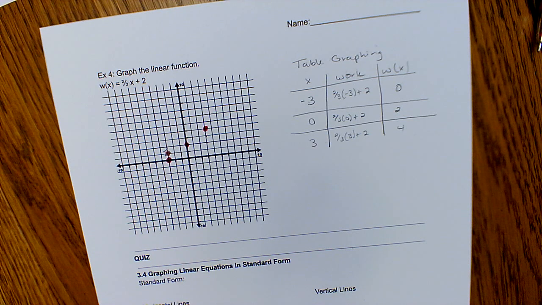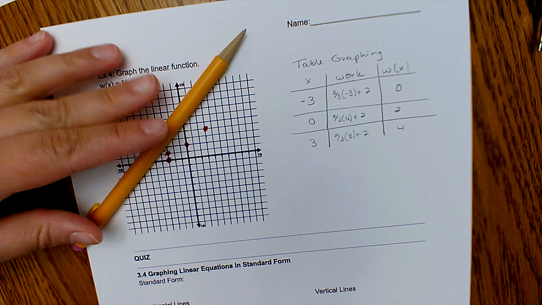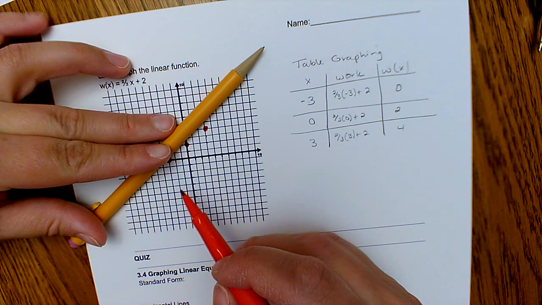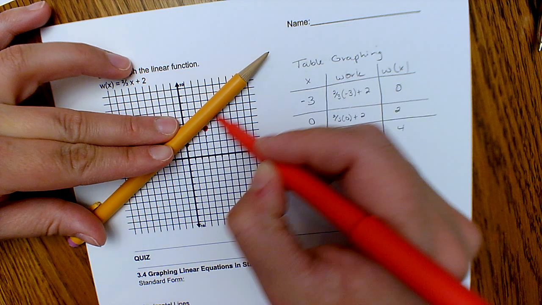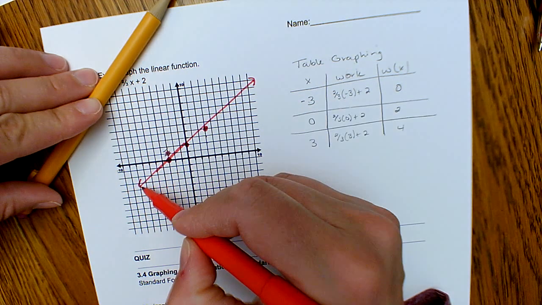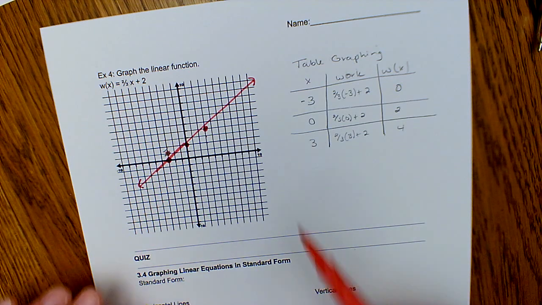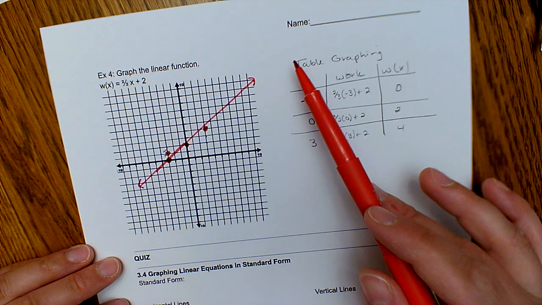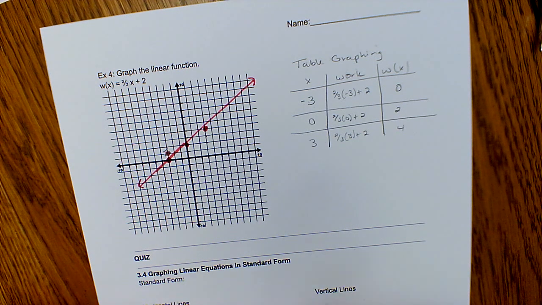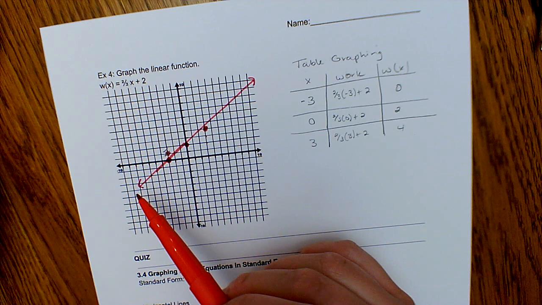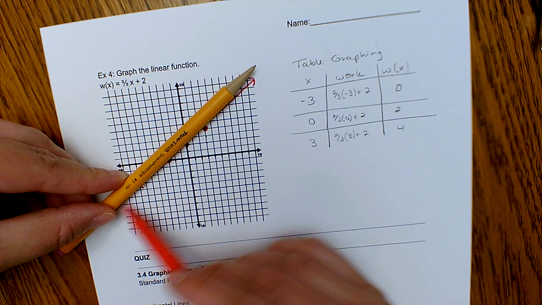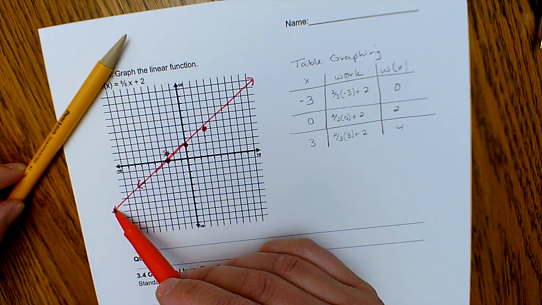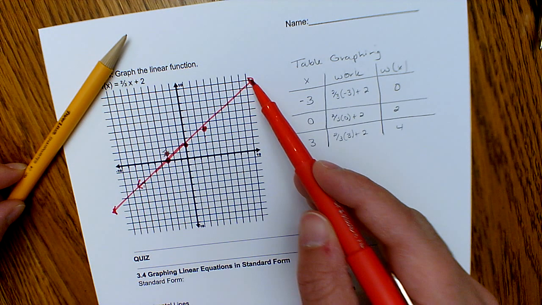Now I'm going to use a straight edge. Notice I'm just using a pencil. I'm going to connect my 3 values. Mine's not perfect, but it works out. I've got 3 values, so I can connect them. I would prefer that you extend your graph all the way to the edge and not cut it short.